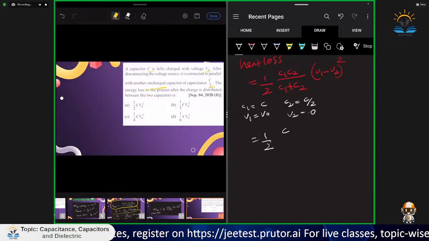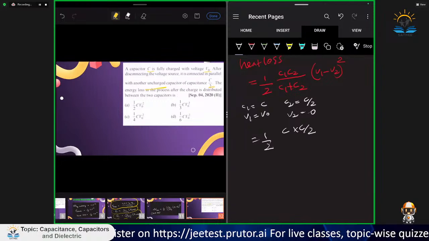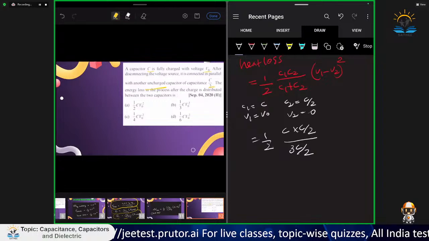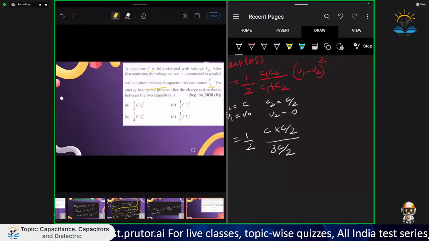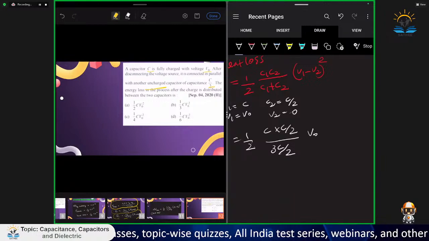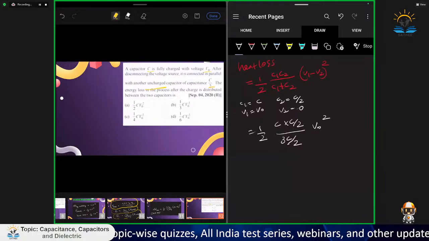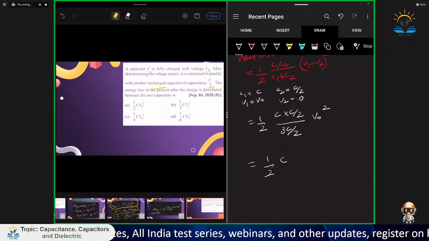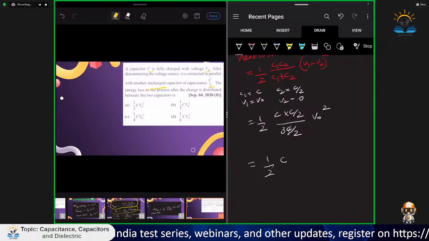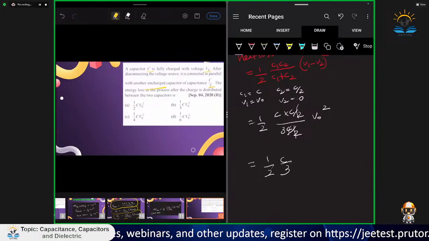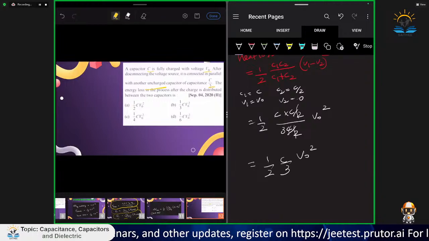Just insert those values. Half into C1 which is C, C2 is C by 2, C1 plus C2 will be 3C by 2, into V1 minus V2, V2 is 0, so V0 square. This will be half into C, the 1 C we can cut, half we can cut, so C by 3 V0 square.